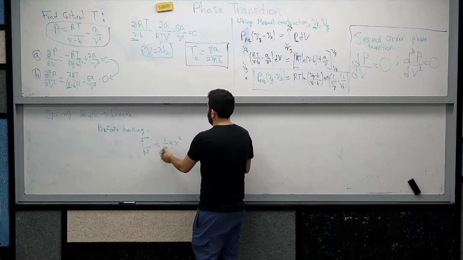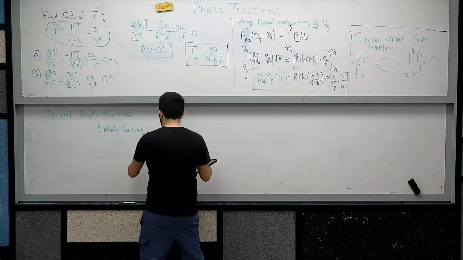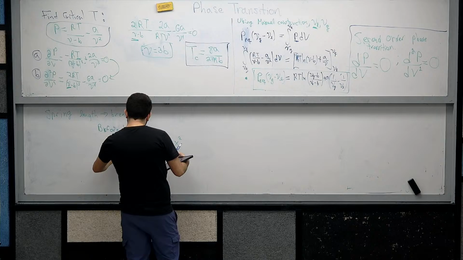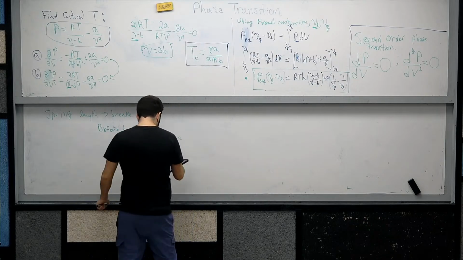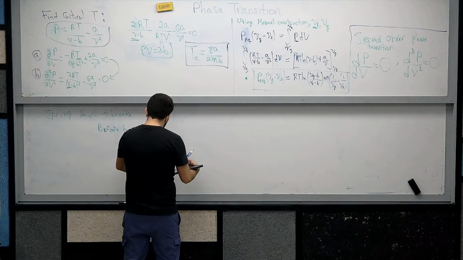Okay, so this is just the energy of a spring in general. And this is the mass of the spring, the mass distribution. Here, F is the free energy.